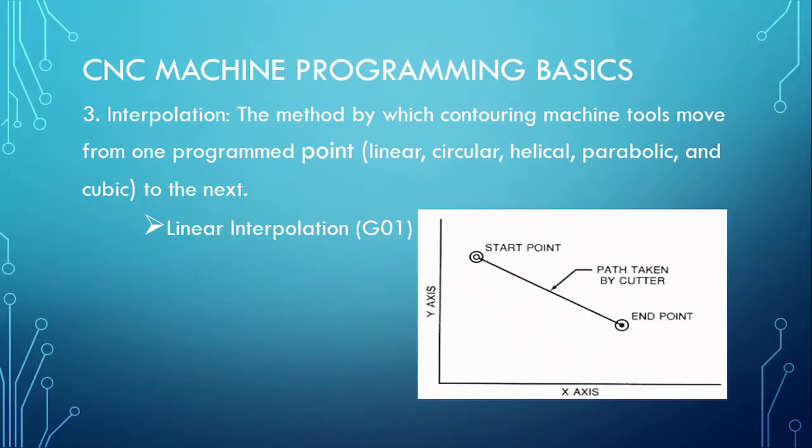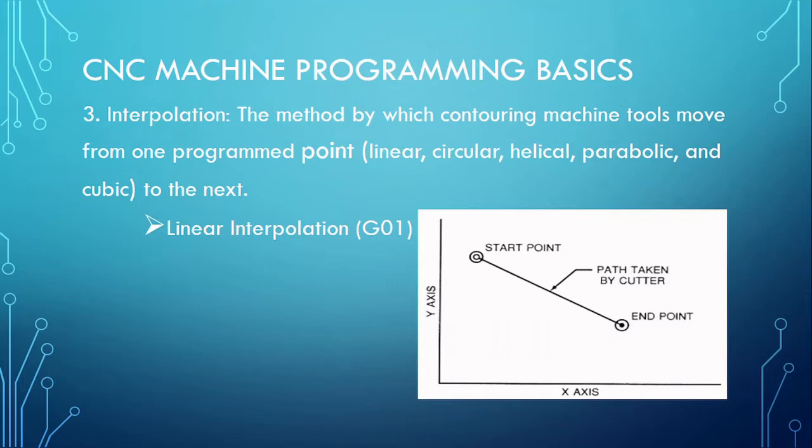Interpolation is the method by which a contouring machine tool moves from one program point to the next. So for every coordinate in the part program, how the tool will move from one coordinate to the next is what is called interpolation.